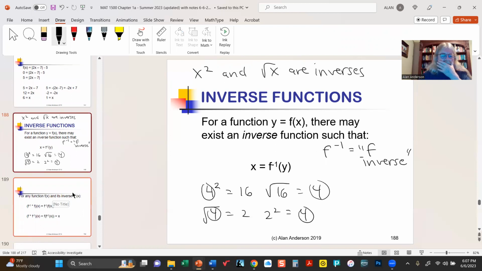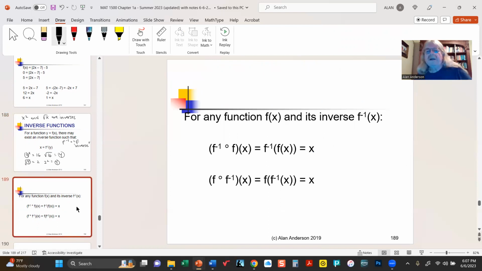So now what I just showed you here can be more formally expressed in the following way. If f of x and its inverse, the following two conditions have to hold. Number one, the composite f inverse of f of x brings us back to the original x, and number two, f of f inverse of x also equals x.